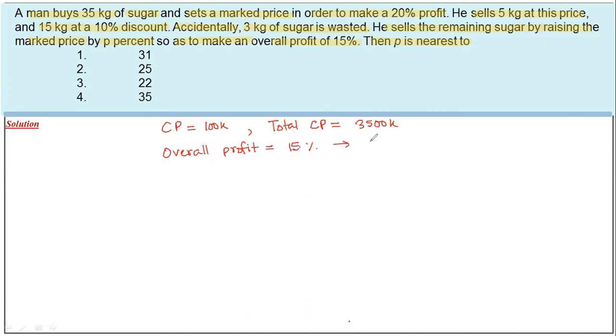So that means total SP should be 3500k into 1.15, that is equal to 4025k.